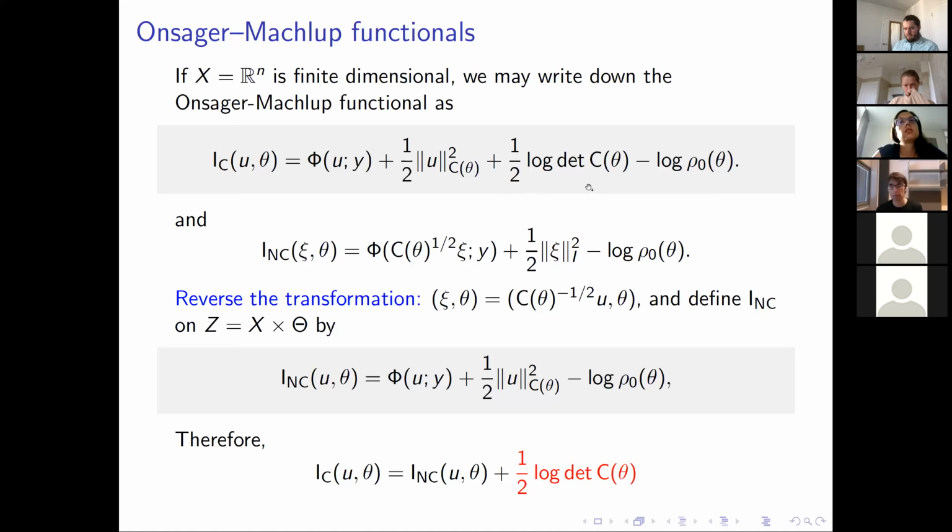Well, it's not small in the sense of how to solve it fast, but it's small at least in notation. So I will mostly postulate the results for the centered parameterization, and then mention what you actually get for the non-centered one. With the reverse transformation, you see that the only difference is this log determinant term.